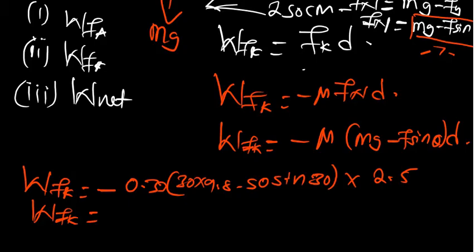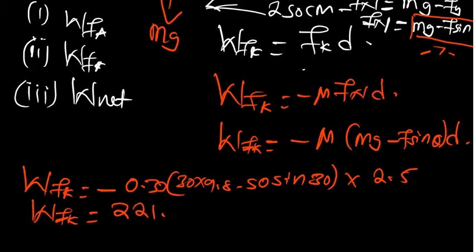Then I have to multiply by 0.33, which gives me the work done by the friction to be negative 221.93 joules. As simple as that.